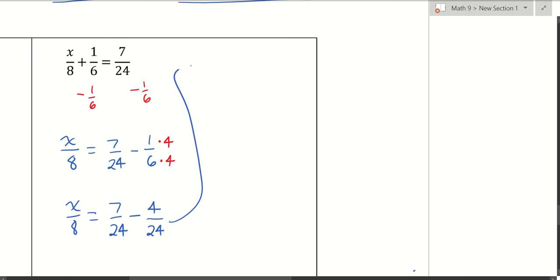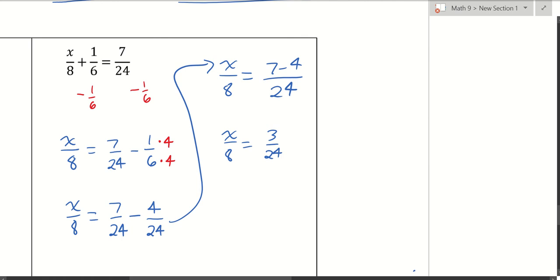So, we have x over 8 equals 7 minus 4 over 24, which is 3 over 24. And if we have a fraction that can possibly be simplified, then we should simplify it.